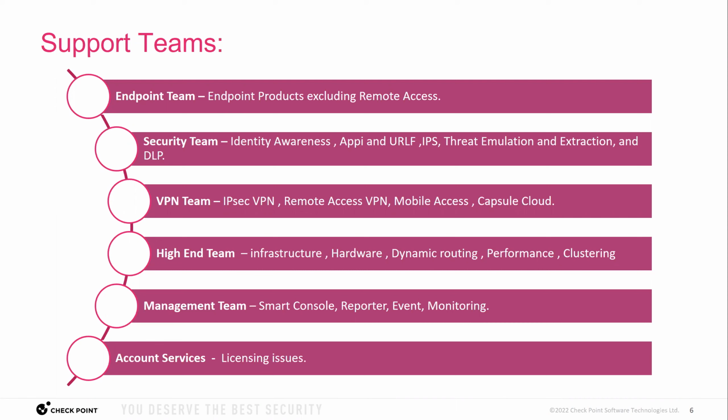These are the major facets of each particular team. And then we've got the management team and account services. The management team shouldn't be confused with account management. That is the management product that hosts the database and can push policy to a firewall.